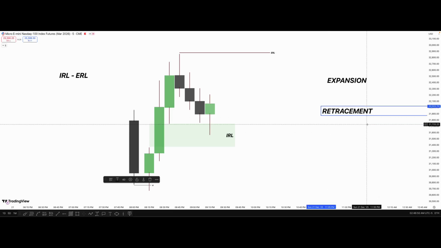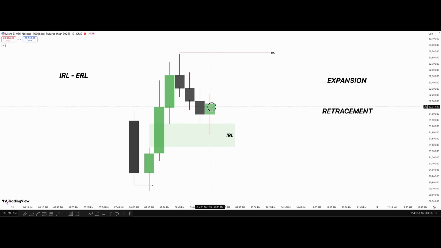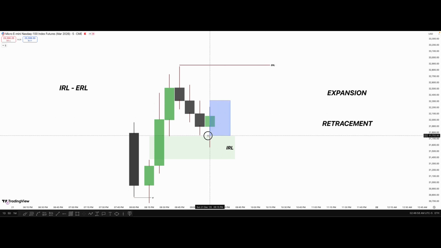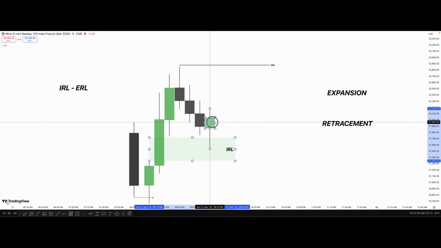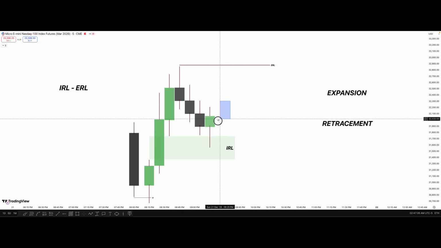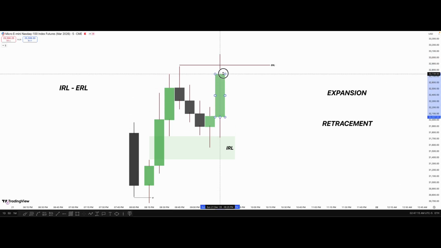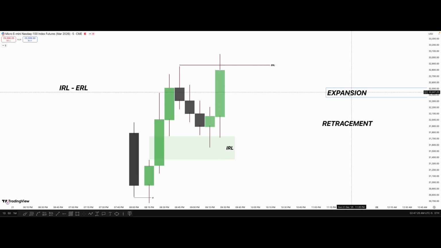Then comes your retracement, and then again we have an expansion phase here, which is the price expands from an internal liquidity to your external liquidity. This is what it is. First will be expansion, then retracement, and then we have your expansion phase. It moves like this.